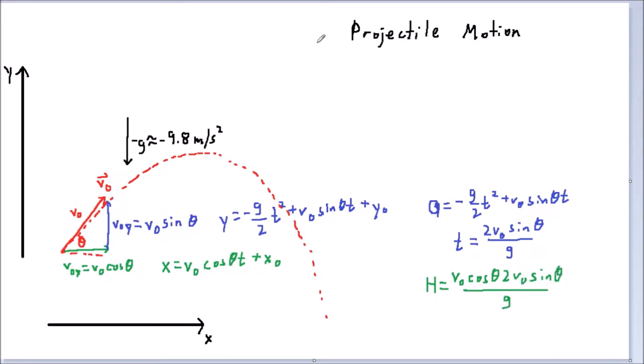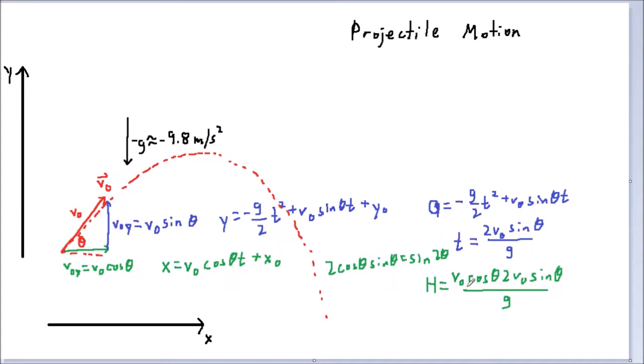And here we can use a special trigonometric identity, which you might know, which is just that 2 times cosine theta times sine theta equals sine of 2 theta. So we're going to substitute that into here.